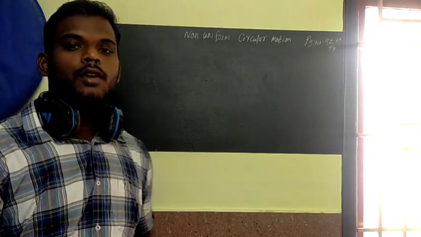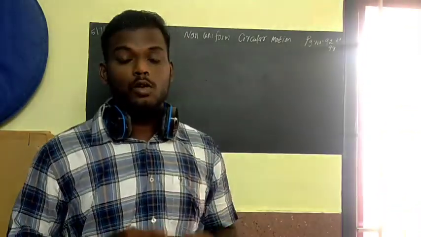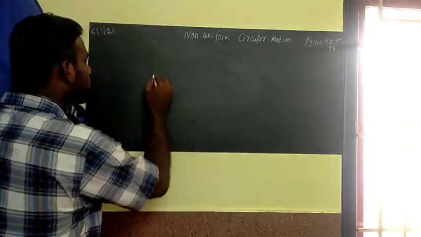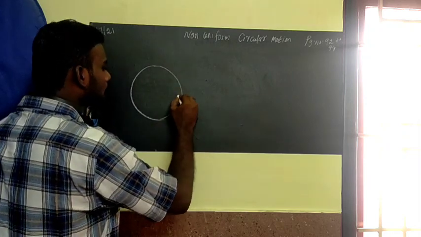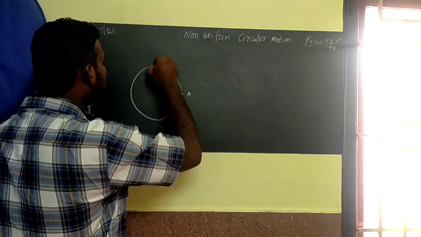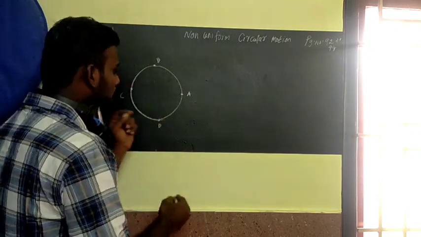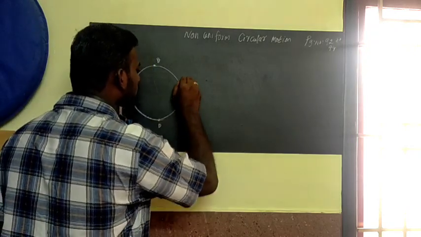Is that clear? First of all, let me tell you the difference between circular motion, uniform circular motion and non-uniform circular motion. In uniform circular motion, I am choosing 4 points, point A, point B, point C and point D. First, the velocity of the particle at point A is in this direction.